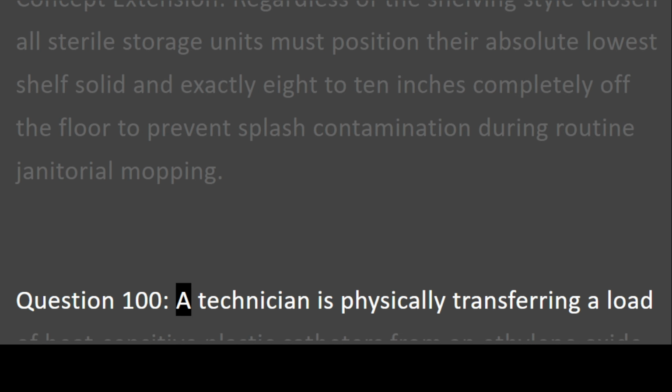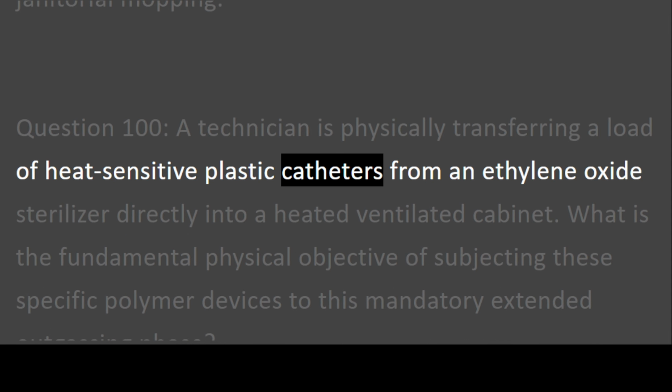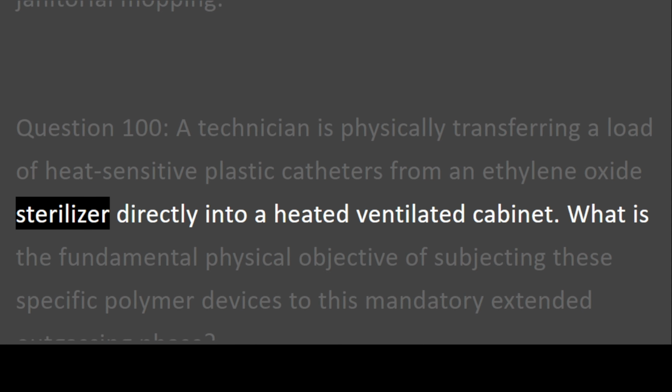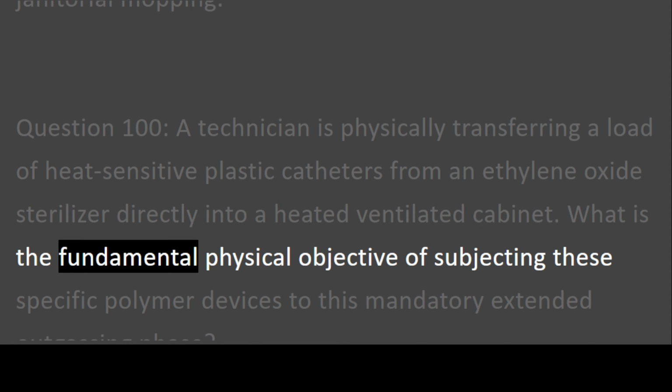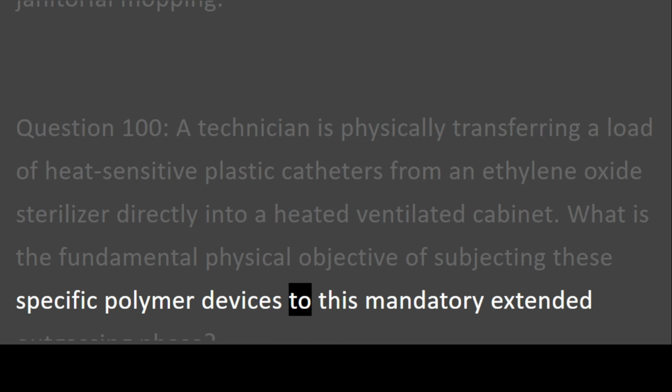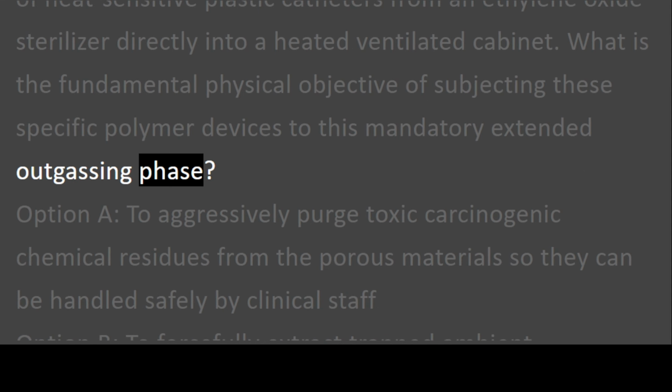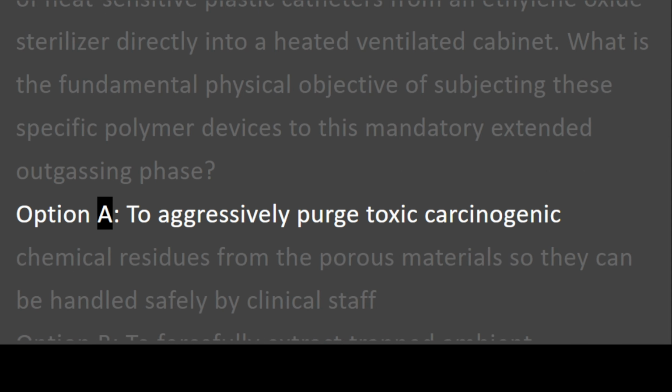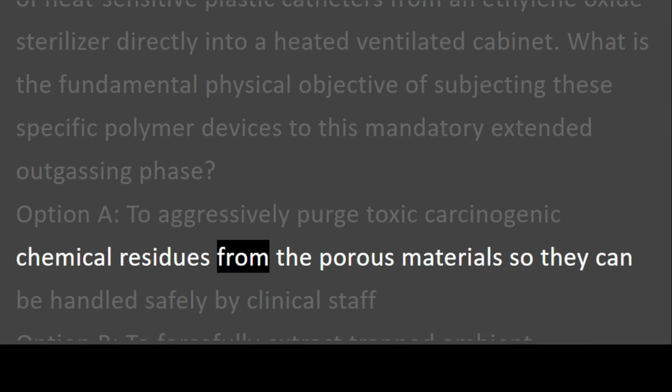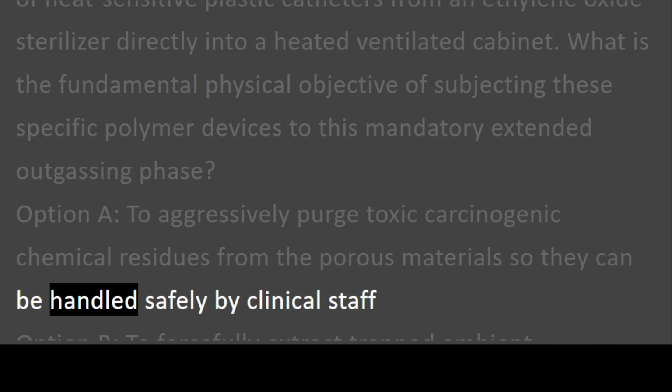Question 100. A technician is physically transferring a load of heat-sensitive plastic catheters from an ethylene oxide sterilizer directly into a heated ventilated cabinet. What is the fundamental physical objective of subjecting these specific polymer devices to this mandatory extended outgassing phase? Option A, to aggressively purge toxic carcinogenic chemical residues from the porous materials so they can be handled safely by clinical staff.